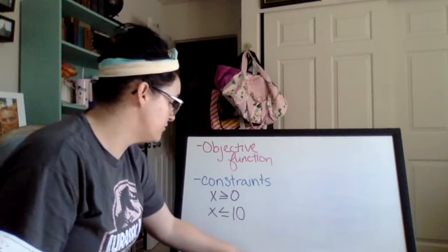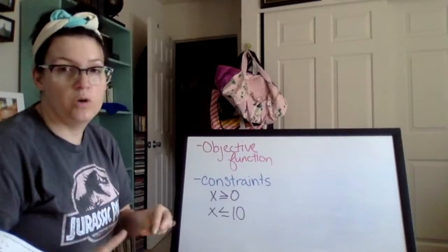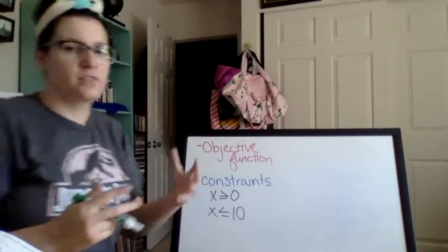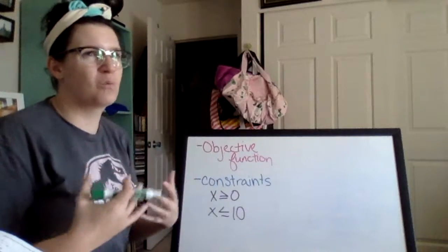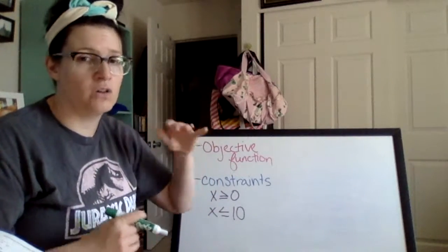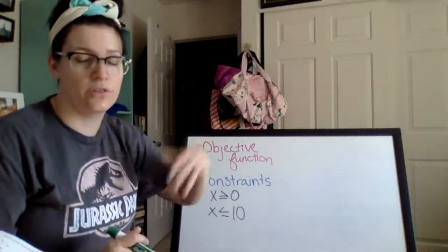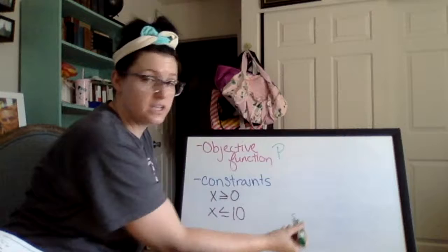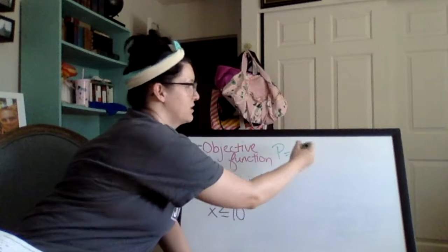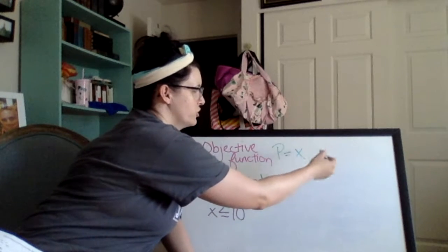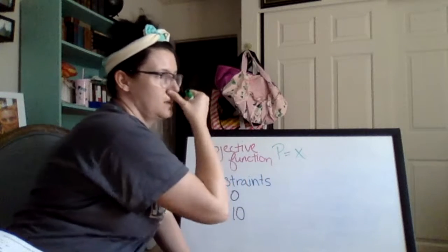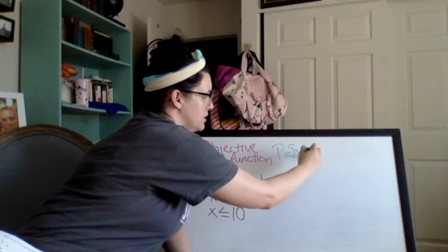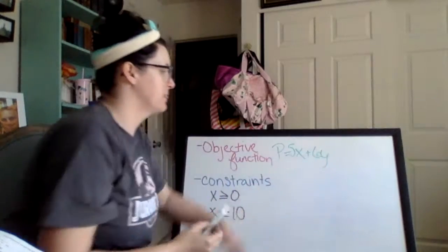And then our objective function would be the actual point of the whole problem. The function that's about what we're really looking for along the way with all these steps. So that would be something like our profit equals like pounds of sugar, and we sell that candy for, I don't know, like 5, and then plus like 6y.